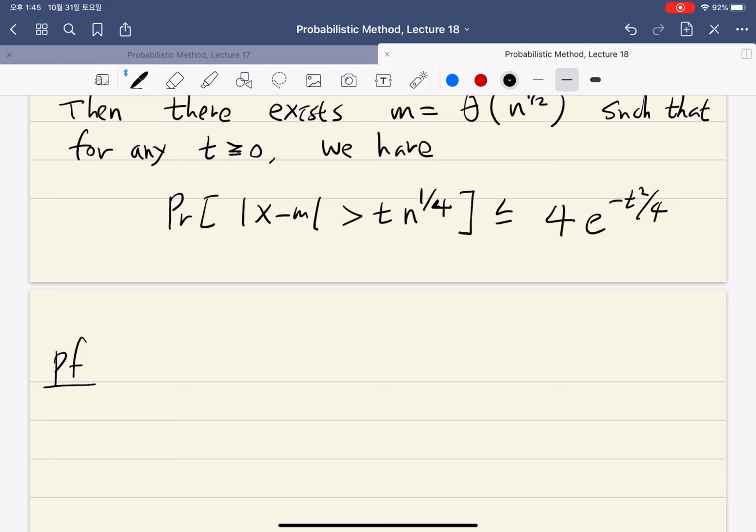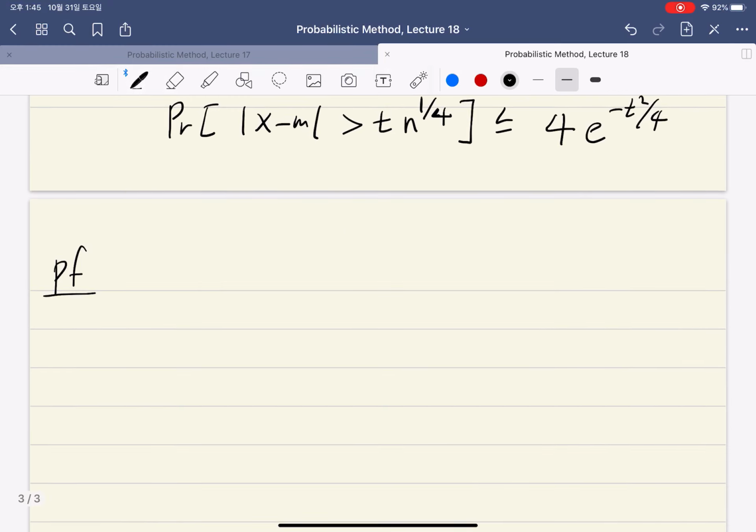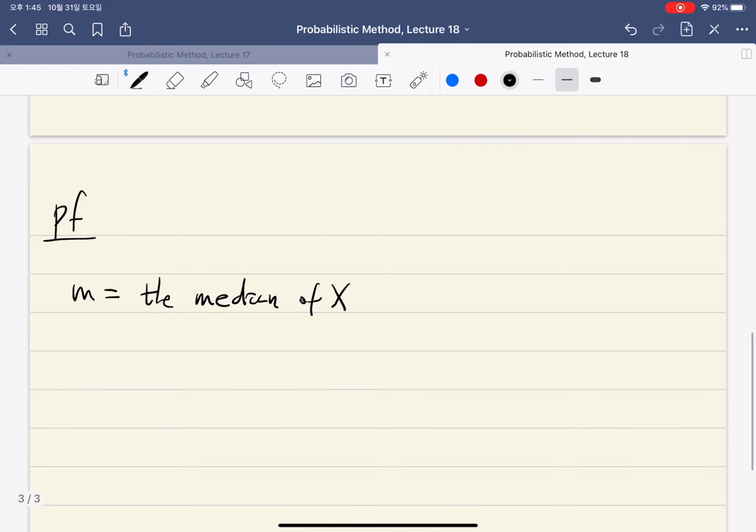But in this specific case, we can take an even simpler way. We don't have to really use the Azuma inequality. Let's say that M is the median of h of x. Then we want to show that this is theta of n to the half.